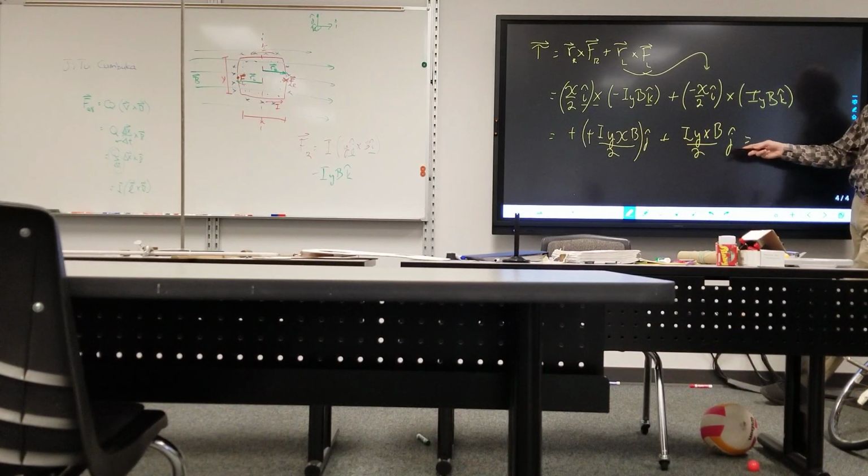Well, I just happen to have half of something there and half of the same thing here, so let's just add them together. So we end up with I y x b.